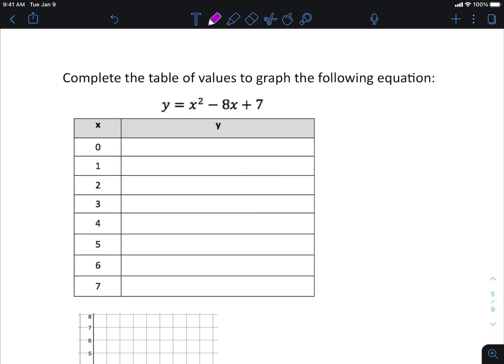We saw this yesterday. Without me telling you, we kind of discussed this yesterday with the stacking cups. I told you yesterday that the number of cups in each stage did not increase linearly. It was not a line. I didn't tell you what the equation was going to look like. You've done this before, though.